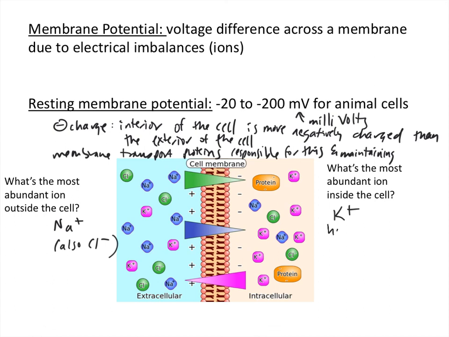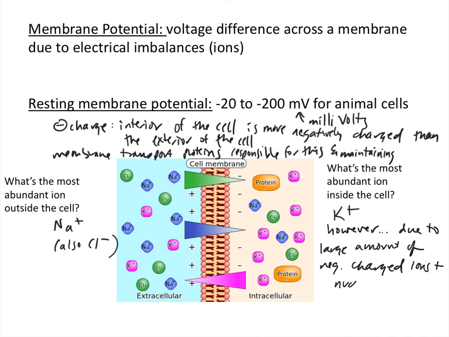Potassium, however, is outweighed by a large amount of negatively charged ions plus nucleic acids, so DNA, proteins, and other metabolites. Overall, there's a net negative charge inside the cell.